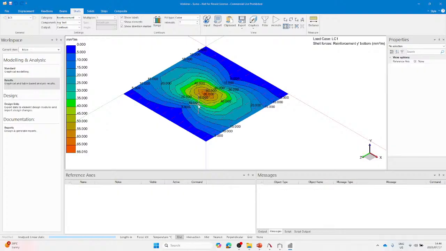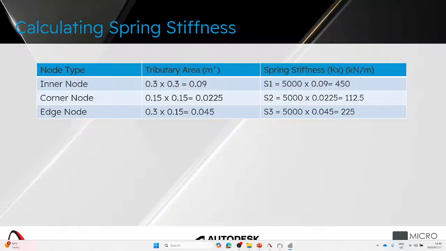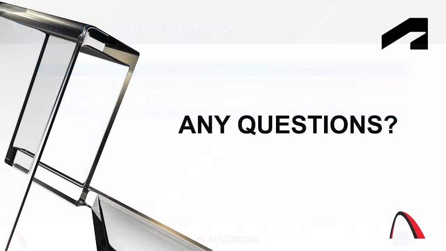So that is quite good. What I just did on frame is exactly what I did now in Sumo, and that is in a nutshell how you model spring elements in Sumo.